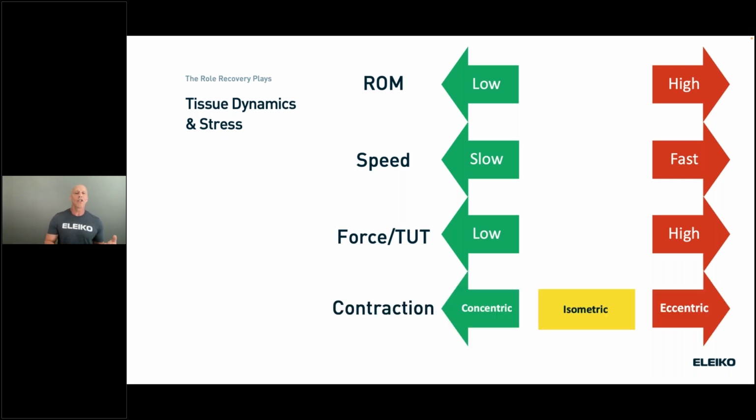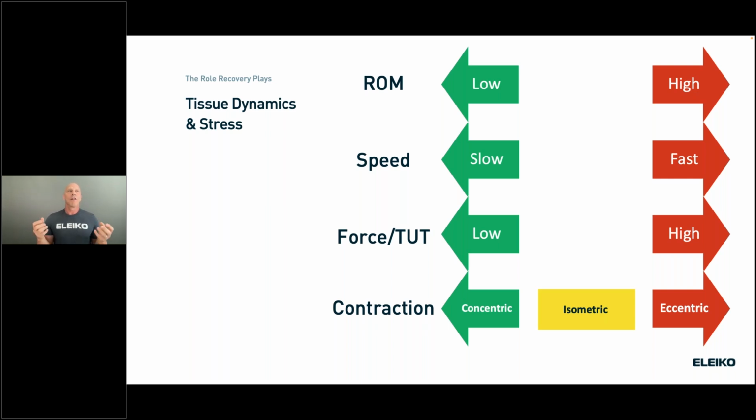Contractions, you have concentric, you have isometric, you have eccentric. Concentric and isometric, depending on your load and your speed and your range of motion, can have potentially less stress. Eccentric, depending on the force, the speed, and the range of motion, has more stress.